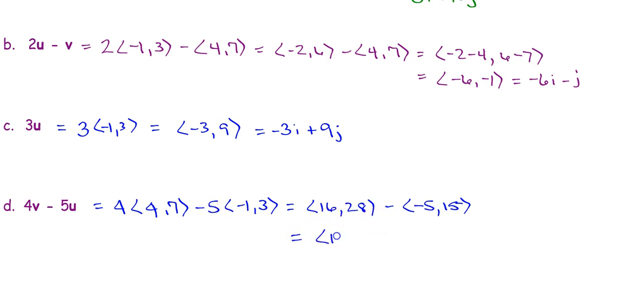So then this is going to give me 16 minus negative 5, or 16 plus 5, and then 28 minus 15, which will give me 21, 13. So remember, that's my component form. If we write it in the linear combination form, 21i plus 13j.